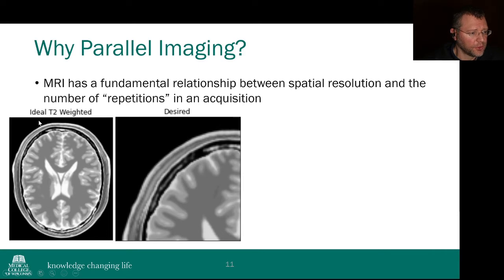To get a spatial resolution of, say, 1 millimeter per voxel. If you're talking about this whole field of view, maybe you're talking about 25 centimeters, and here you'd only be interested in about 12 and a half centimeters. So then you can do an acquisition that only has about 125, give or take, voxels in this direction, rather than, say, about 250 voxels in this direction.